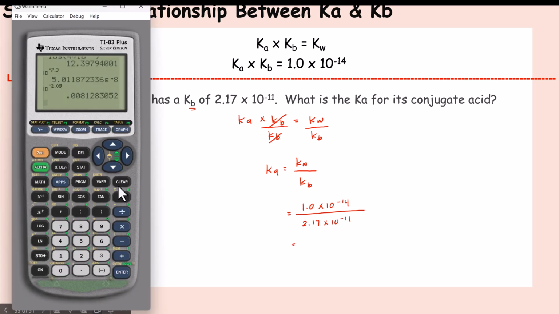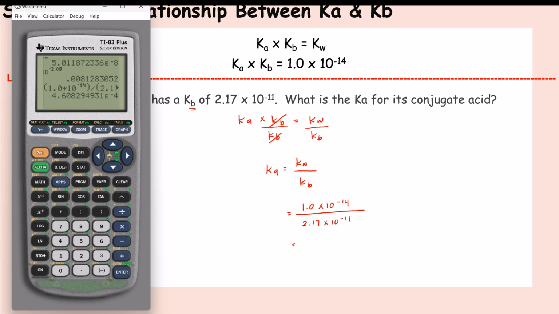It's important that you're careful with the parentheses here so that you're not miscalculating. So parentheses 1.0 times 10 to the negative 14, and then I'm going to close that parentheses, divide that by, open up another parentheses, 2.17 times 10 to the negative 11, and then close that parentheses and hit enter.